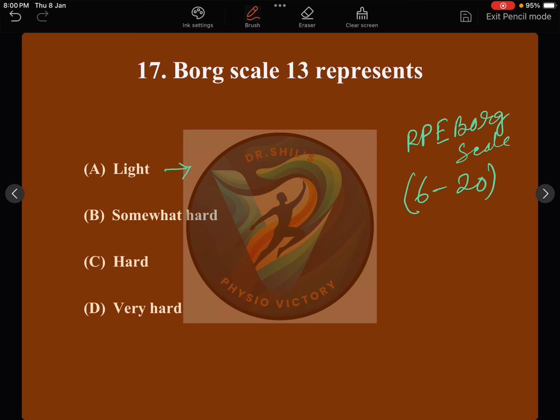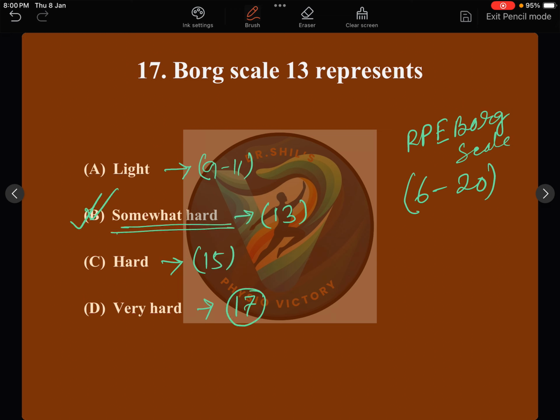Light is basically 9 to 11. Somewhat hard is basically 13. Hard is basically 15. And very hard is 17. So our correct answer is option B, somewhat hard.